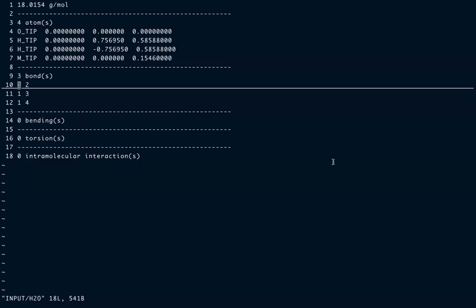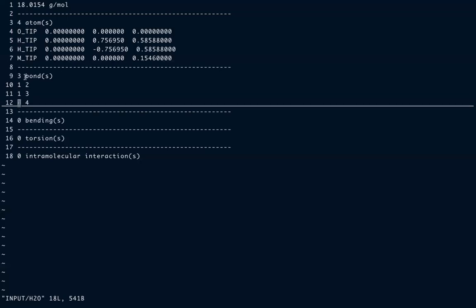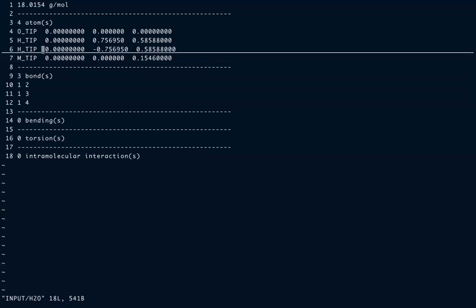Now there are 3 bonds between 1 and 2, that is between oxygen and hydrogen, between 1 and 3, again between oxygen and hydrogen, and then between 1 and 4. The distances between all of these are specified here.